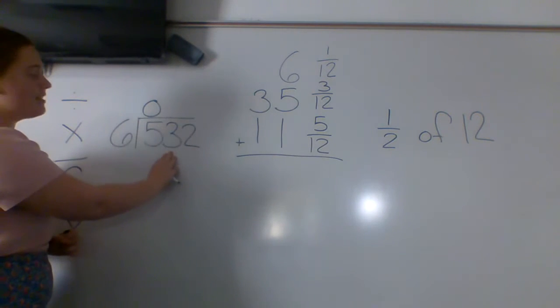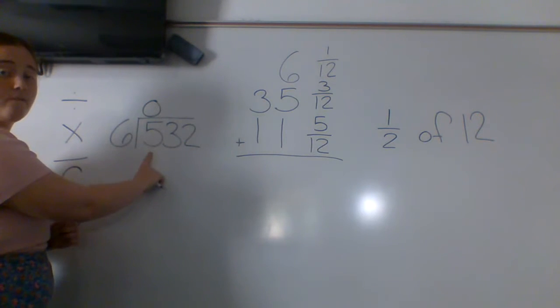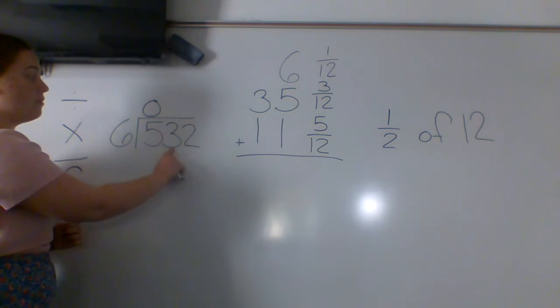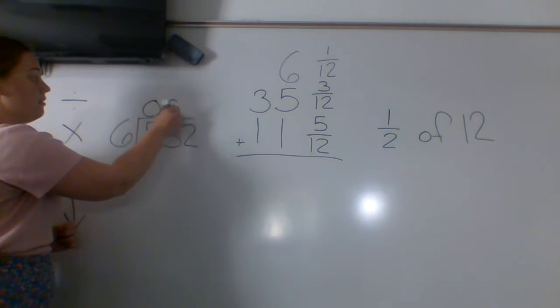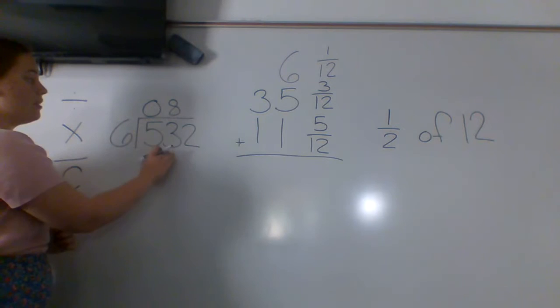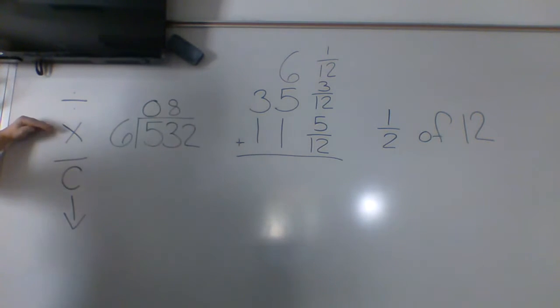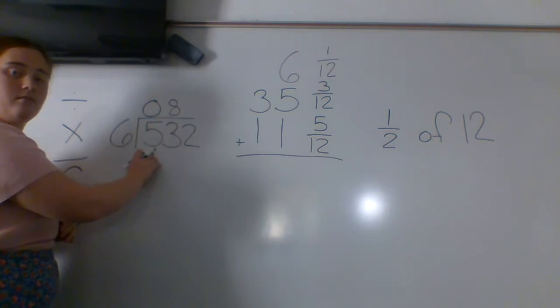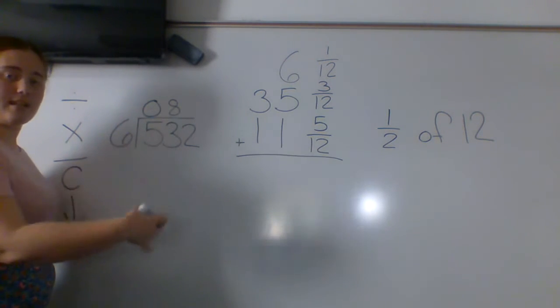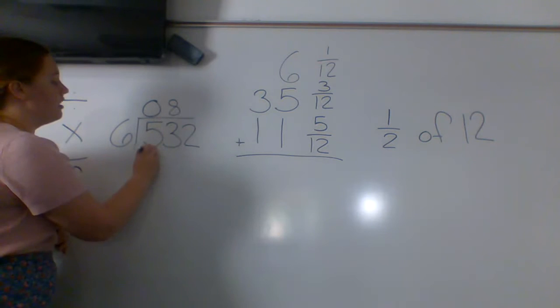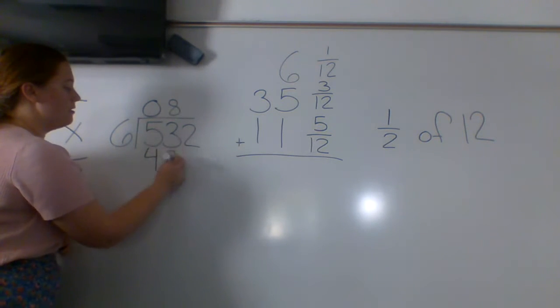Okay, so 6 will go into 53 8 times. We're not putting the 8 above the 5, we're putting the 8 above the 3. So putting an 8 right up here. 6 will go into 53 8 times. Going to do my next step. 8 times 6 is, right, 6 times 8 is, good, 48.